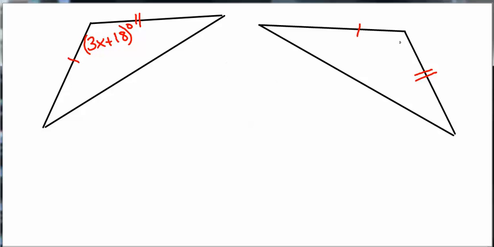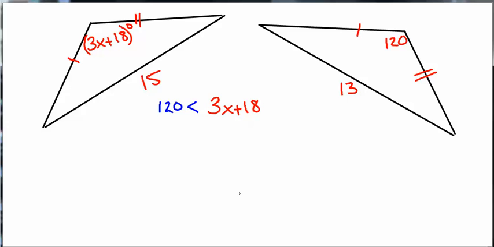And, well, let's make it 120. Okay? So now, your 3x plus 18 is what in relation to the 120? Greater. It's greater than the 120.